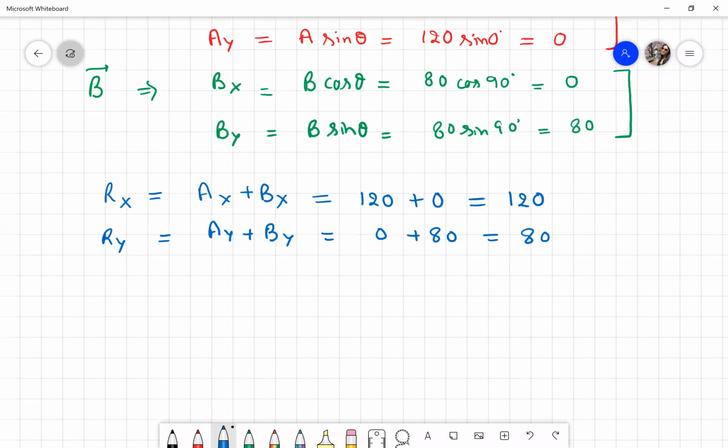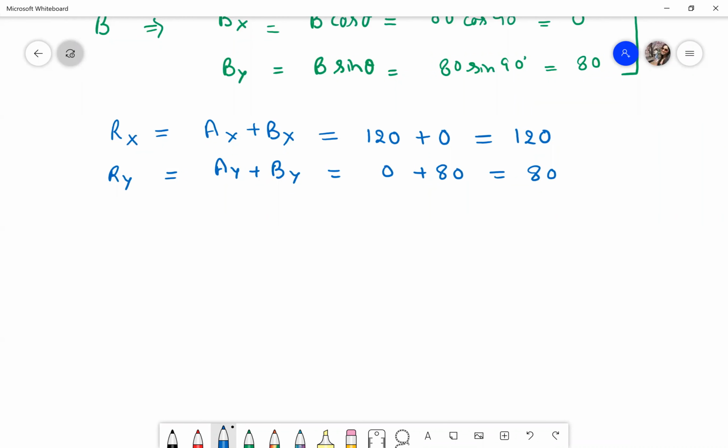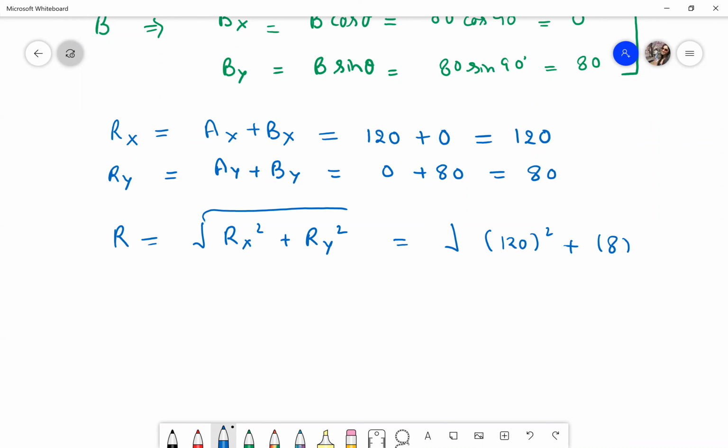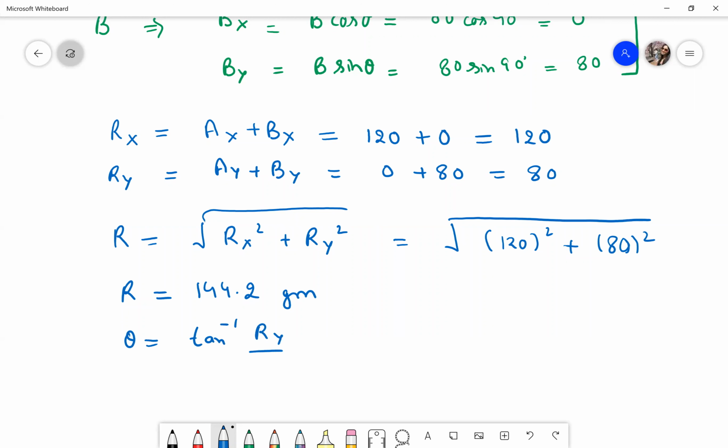Now we have both the components of R. We can find our total resultant, which is the square root of R of x squared plus R of y squared. That will be the square root of 120 squared plus 80 squared. This whole resultant R will come out to be 144.2 grams. The theta from the component method we find by the formula tangent inverse of R of y over R of x.